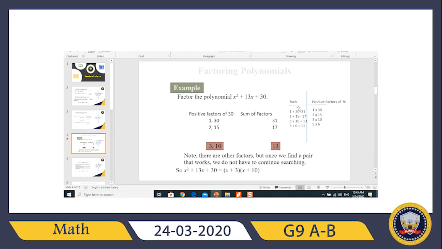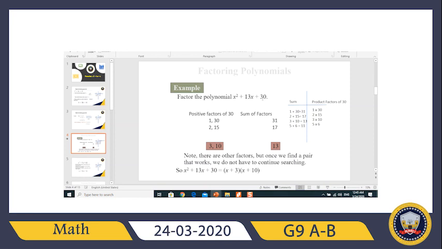Then I will go to the other side of my table and add each two factors together. Why do I add them together? Because I want to get the sum of these two factors, which will give me 13, the middle term.